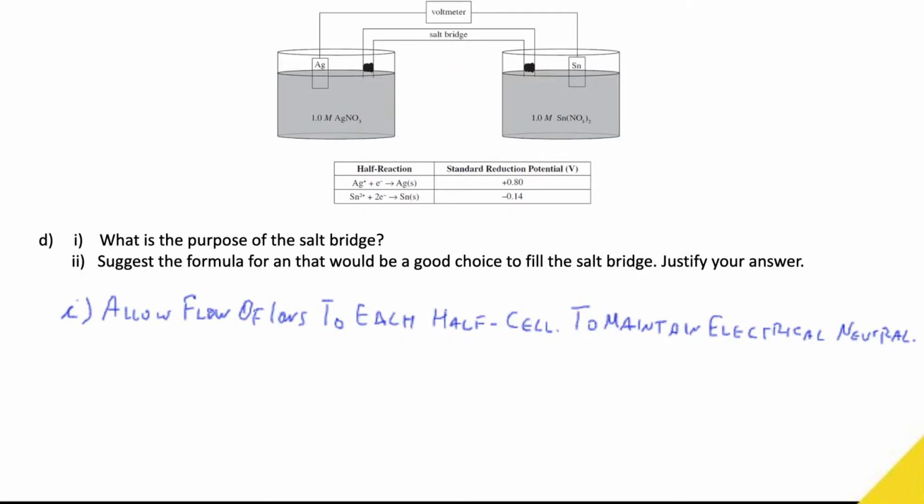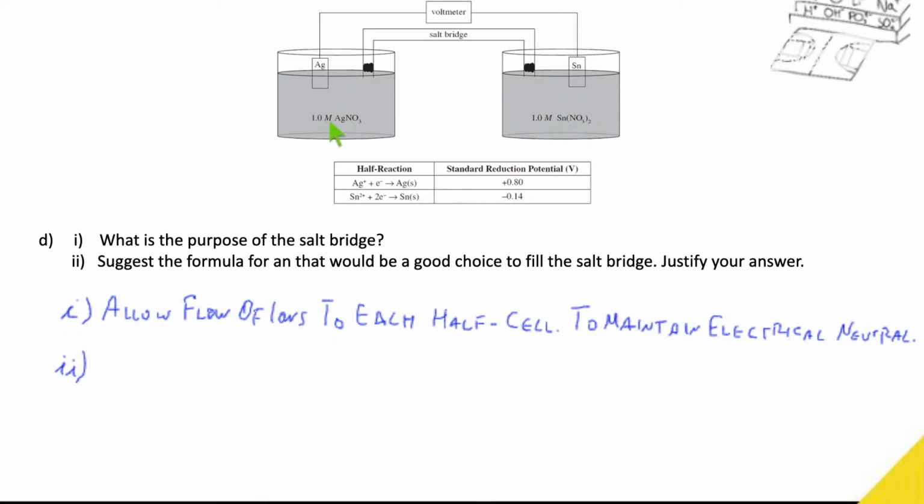So they need to be spectator ions, like people who watch the basketball game but don't play in it. I have silver here, and compounds of silver are often insoluble, so I need something soluble with both silver and tin.